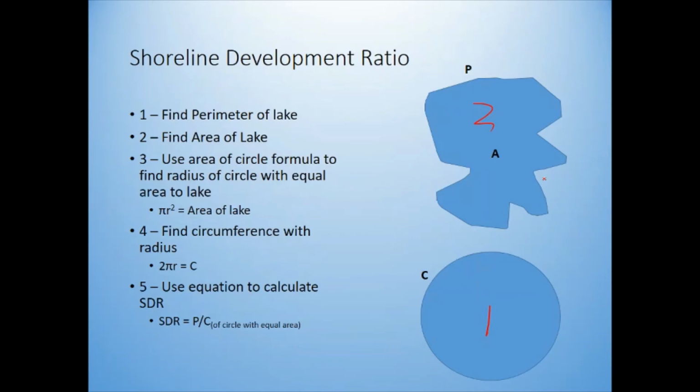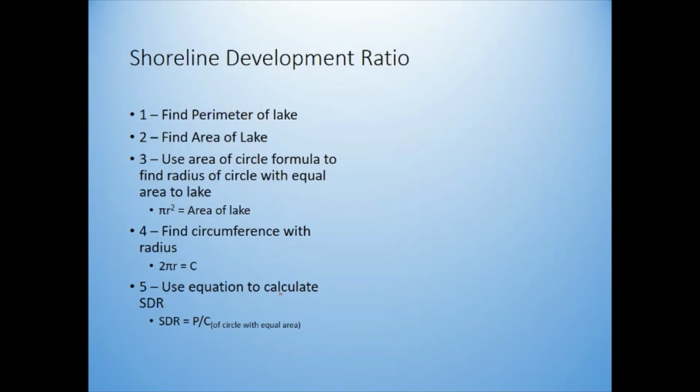Then you find the circumference of this theoretical circle, and you use this equation: the shoreline development ratio equals the perimeter divided by the circumference of a circle with equal area.